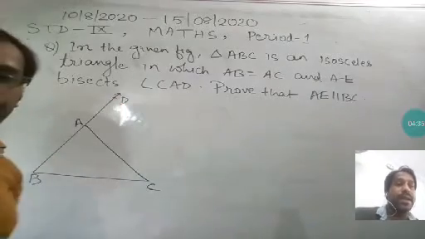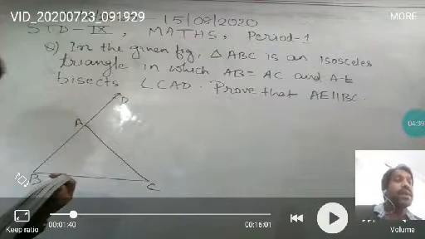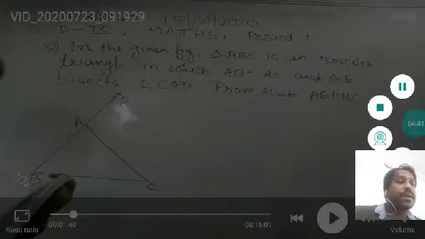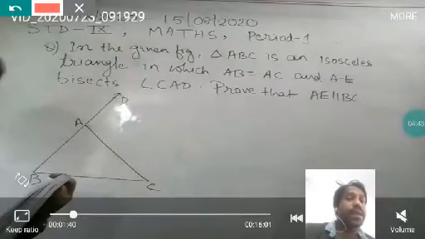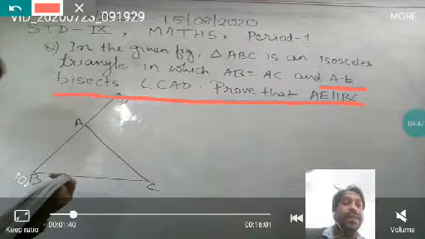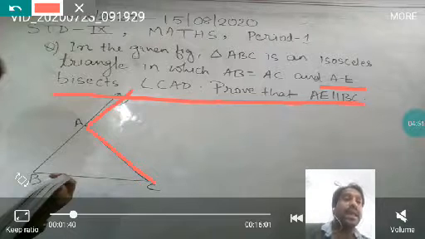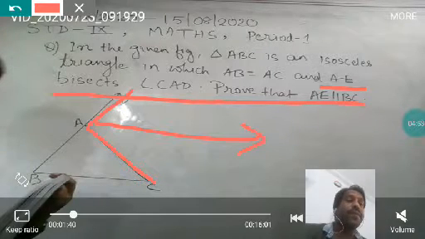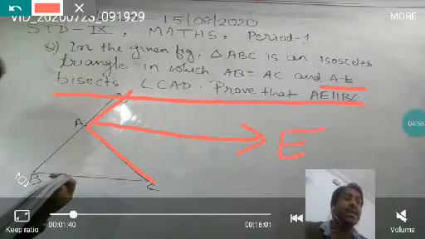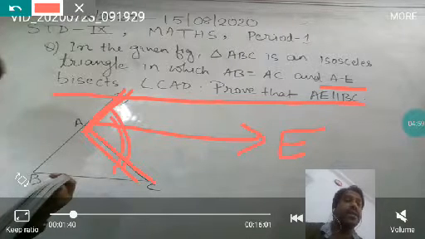They are saying that AE bisects angle CAD. So here is angle CAD, and in that there will be one ray called AE. This AE is bisecting this particular angle.